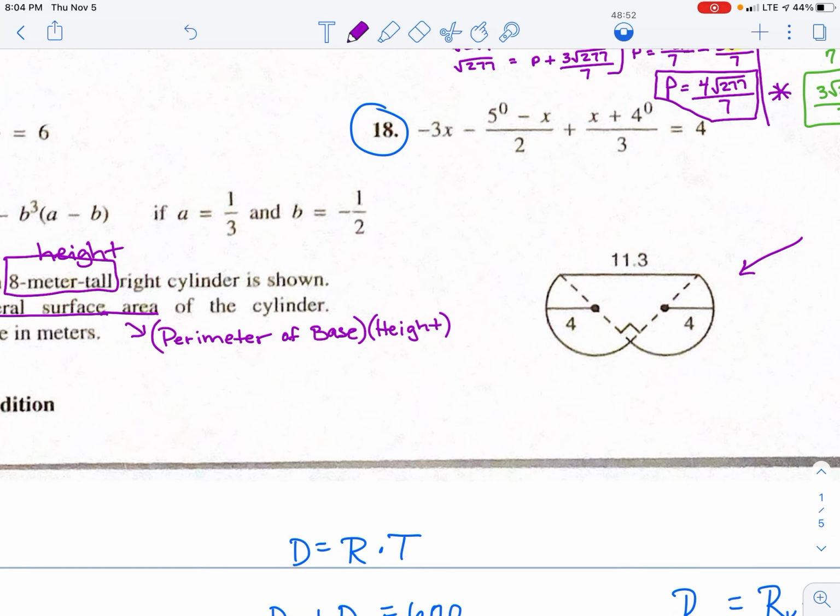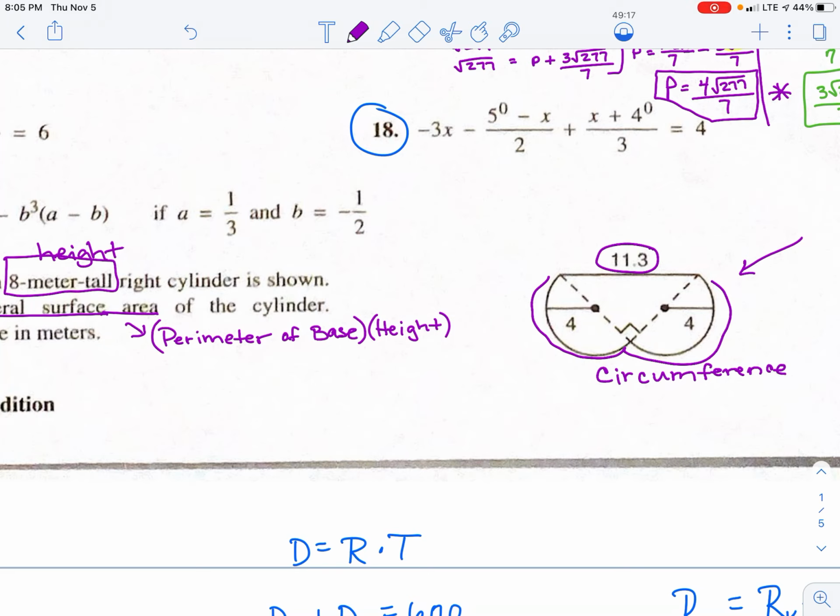All right, so how do I figure the perimeter? Well, I have this one here, 11.3, but I don't know that part. Well, what is that? Those are semicircles. So if I can figure out the circumference, because the circumference is like the perimeter of a circle. It's the measurement around.